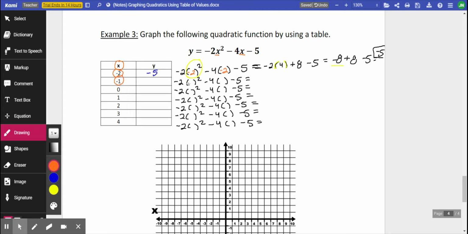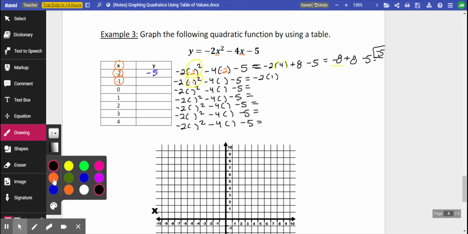Now we have to plug in -1, same idea. Plug in -1. Be careful though. Make sure you follow the order of operations. First you have to square it and then you multiply by the number in the front. So in this case, we have -2 multiplied by 1 and then -4 multiplied by -1. We forgot to put the -1 there. That'll give me a +4 and then -5.